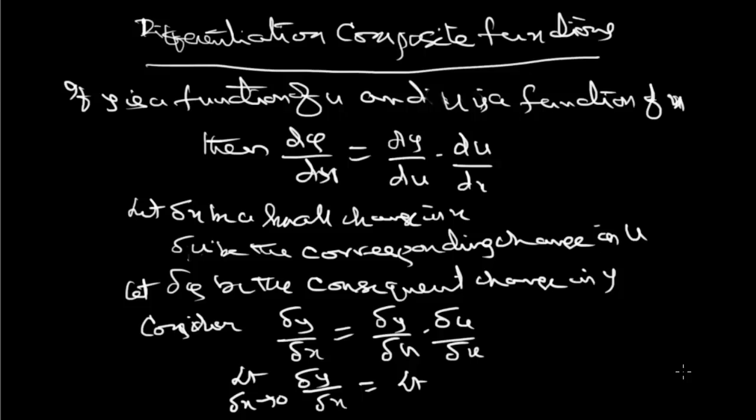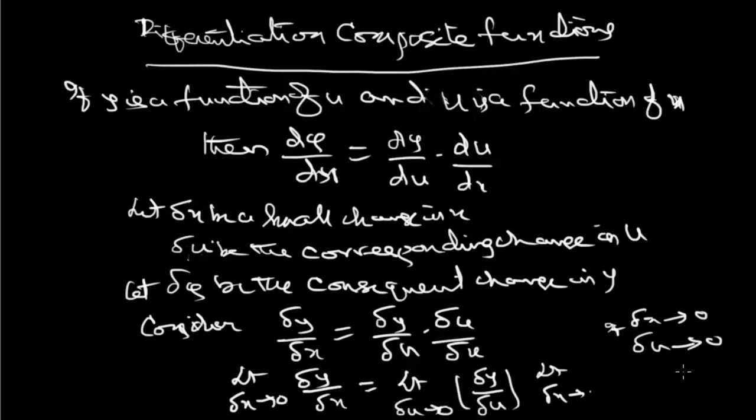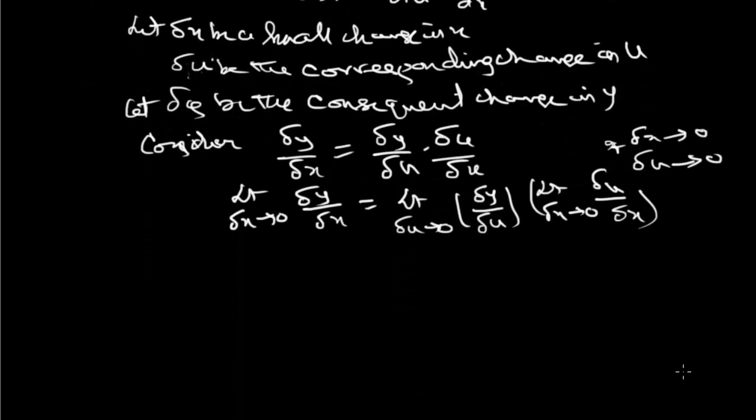Here when delta x tends to 0, delta u tends to 0. So here I write delta u tending to 0 in the bracket, delta y by delta u, and here as usual delta x tending to 0, delta u by delta x. Now by convention, this is nothing but dy by dx is equal to dy by du into du by dx.